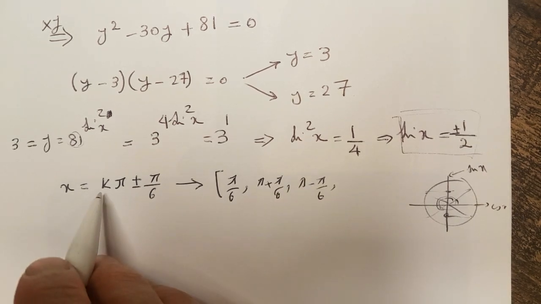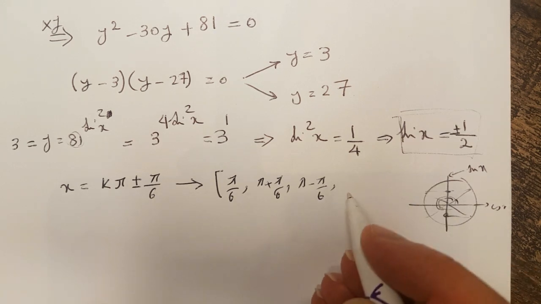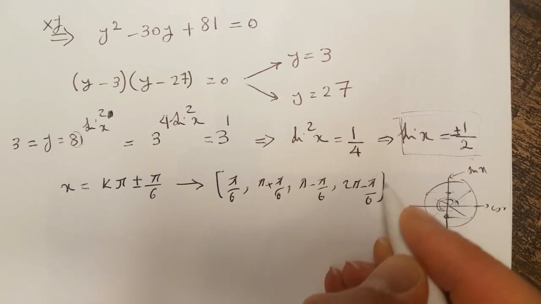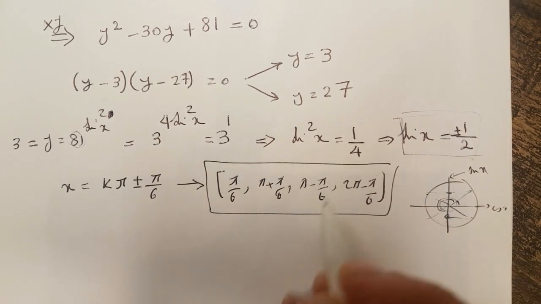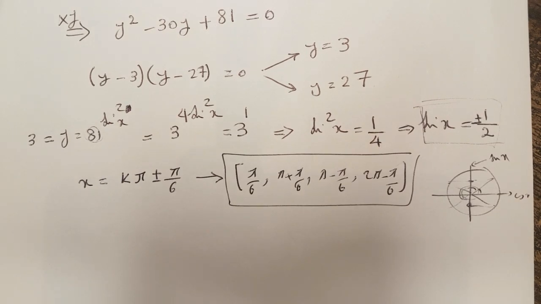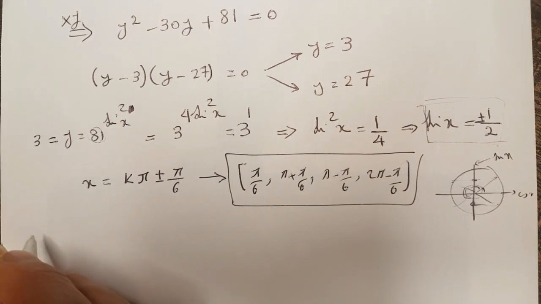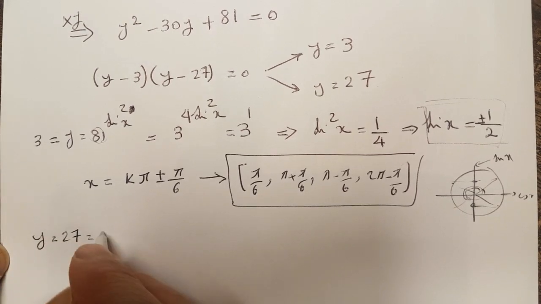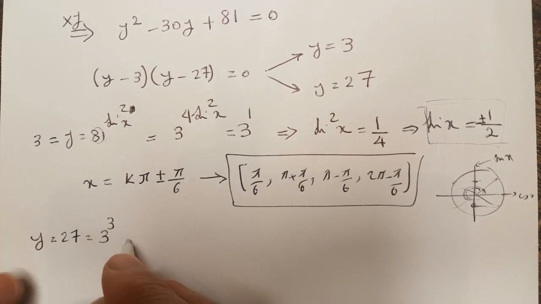And if we put k as 2, then the only value that will be within 0 and 2 pi will be 2 pi minus pi over 6. So these are 4 of the solutions when we have y equal to 3.